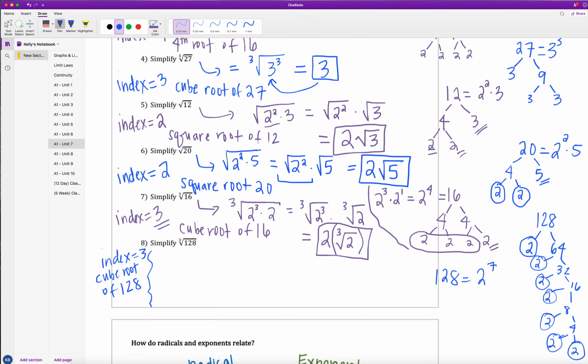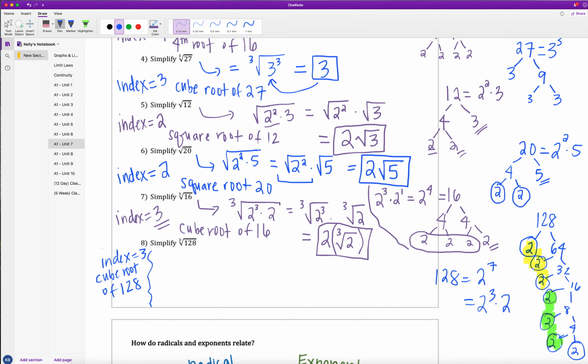Remember, our goal is to have these 2's grouped based off of the index. So I want to group them in groups of 3. So if I start highlighting these in groups of 3, I've got 3 of them right there. So that will be a 2 to the 3rd. Then I could do another 3 of them. Let's use green. I'll use that 1, 2, and 3 there. And then I have an extra one left over.